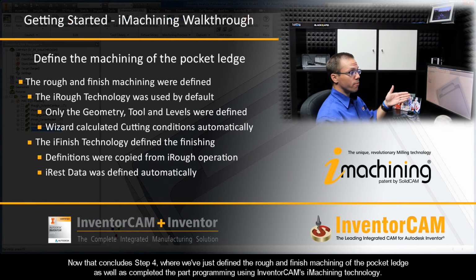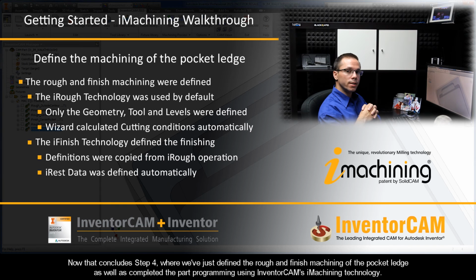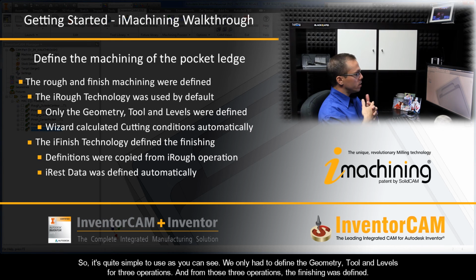Now that concludes Step 4, where we've just defined the rough and finish machining of the pocket ledge, as well as completed the part programming using InventorCAM's iMachining technology. So it's quite simple to use, as you can see. We only had to define the geometry, the tool, and the milling levels for 3 operations.